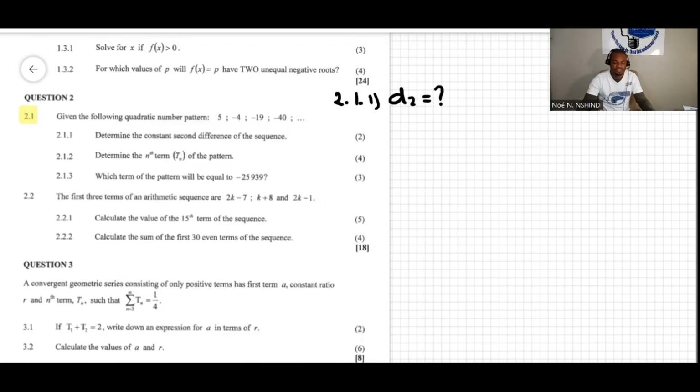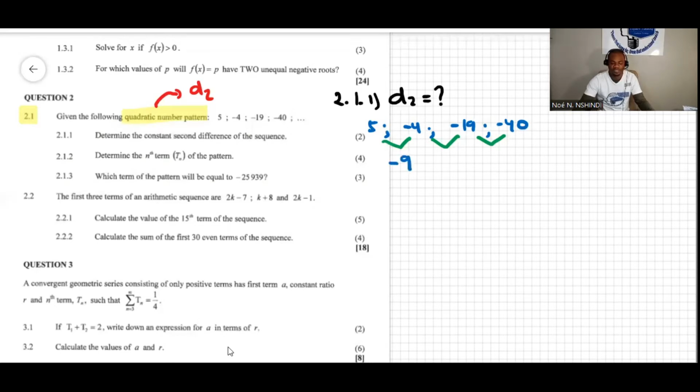Now when the question says that it is a quadratic number pattern, you know one of the properties is that the second difference is constant. So the pattern is 5, -4, -19, -40. Let's first find the first difference. -4 minus 5 makes -9.